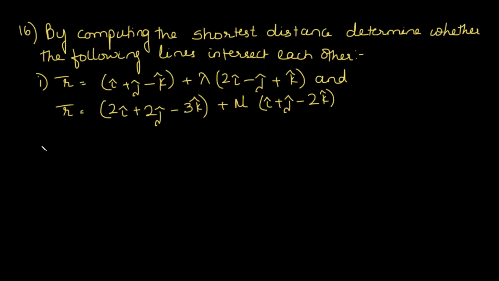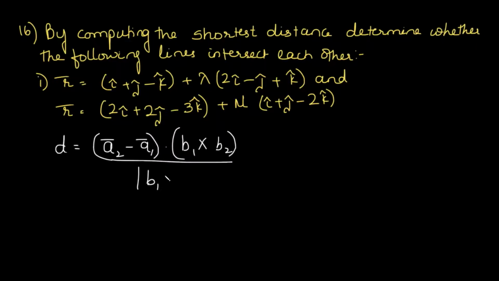So in this case, the formula for the shortest distance between the lines, let me write it as D instead. D is equal to, the formula is given as, A2 bar minus A1 bar dot B1 cross B2 upon mod B1 cross B2, both are vectors here.